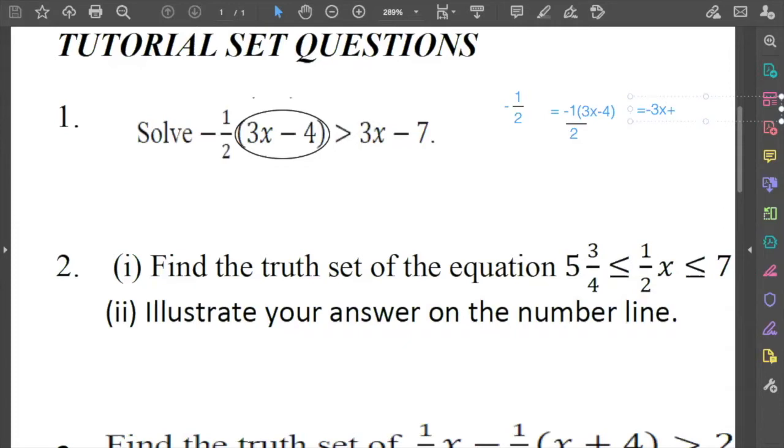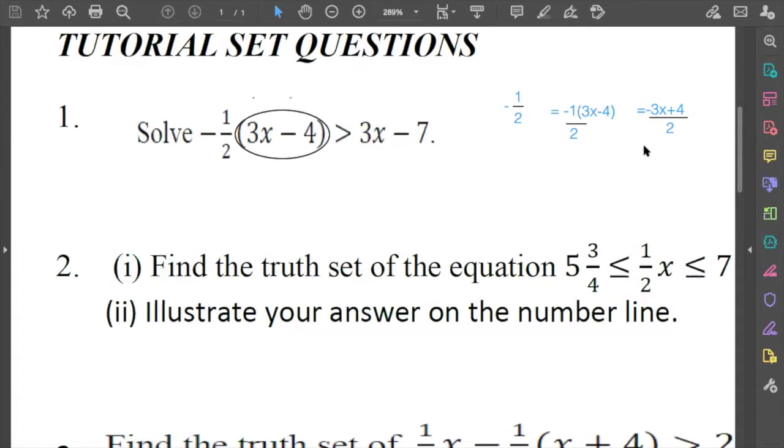So plus 4. And then not forgetting your divided by 2. So this is the expression we have. I hope you are okay with this explanation. Good. Now let's move on.